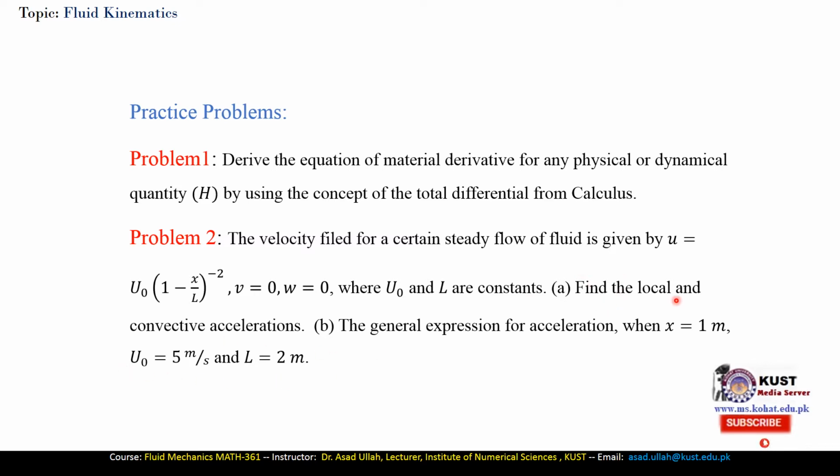So you will use the definition of the material derivative in which there are two parts. The first part is the local part and the second part is the convective part. So calculate both these parts, and then in part B the general expression can be obtained by using the local and convective parts with these specific values.